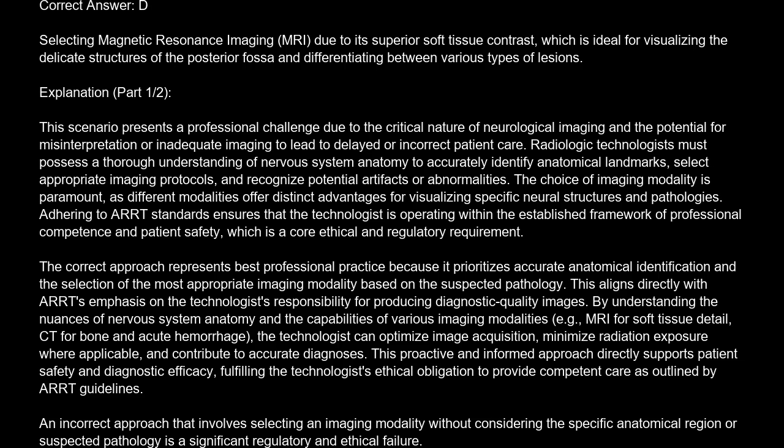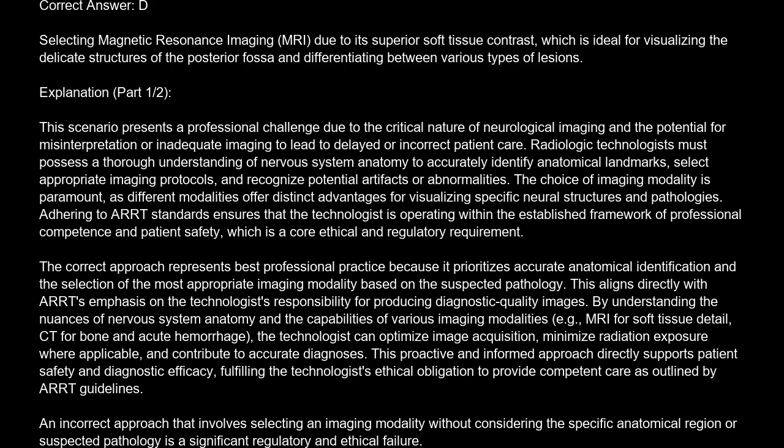The correct approach represents best professional practice because it prioritizes accurate anatomical identification and the selection of the most appropriate imaging modality based on the suspected pathology. This aligns directly with ACT emphasis on the technologist's responsibility for producing diagnostic quality images.